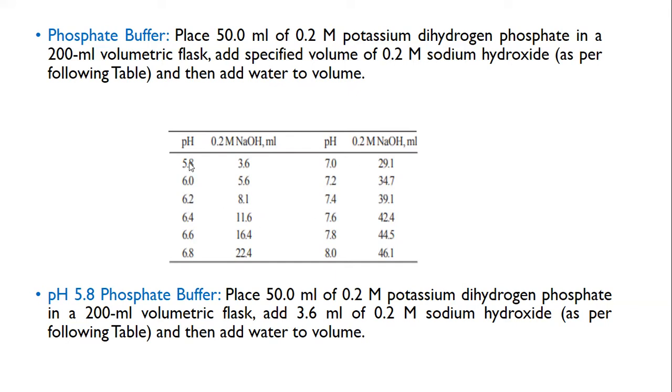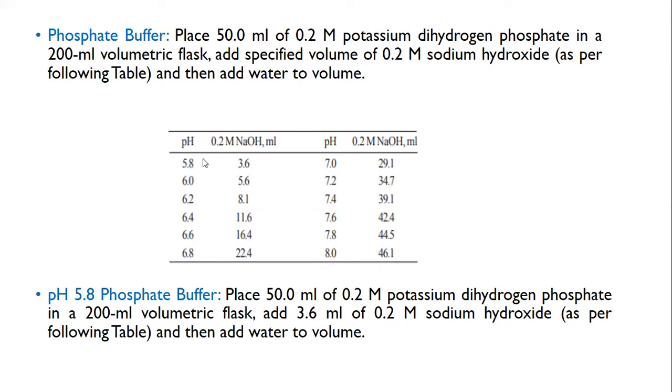According to this table, we want to develop a buffer solution of pH 5.8, so the required volume of NaOH is 3.6 ml. Then 3.6 ml of 0.2 molar sodium hydroxide is added, and the 200 ml volume is made up with the addition of water.